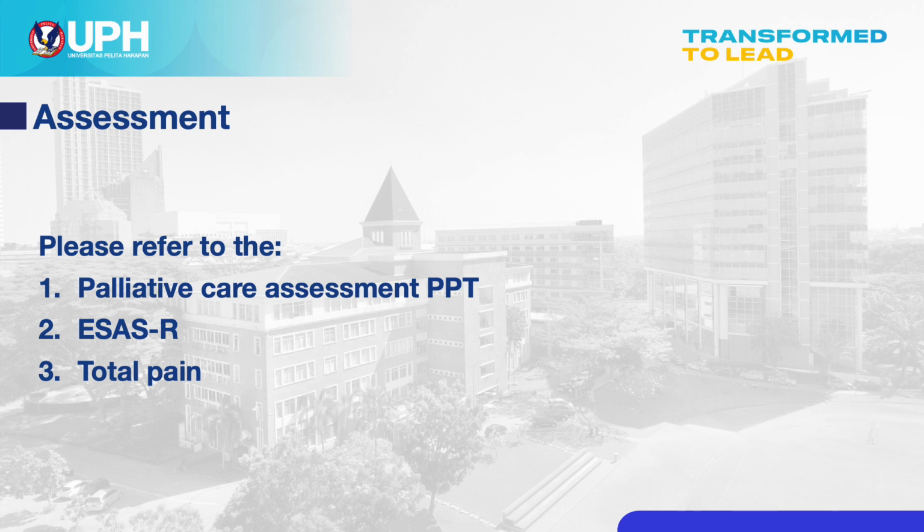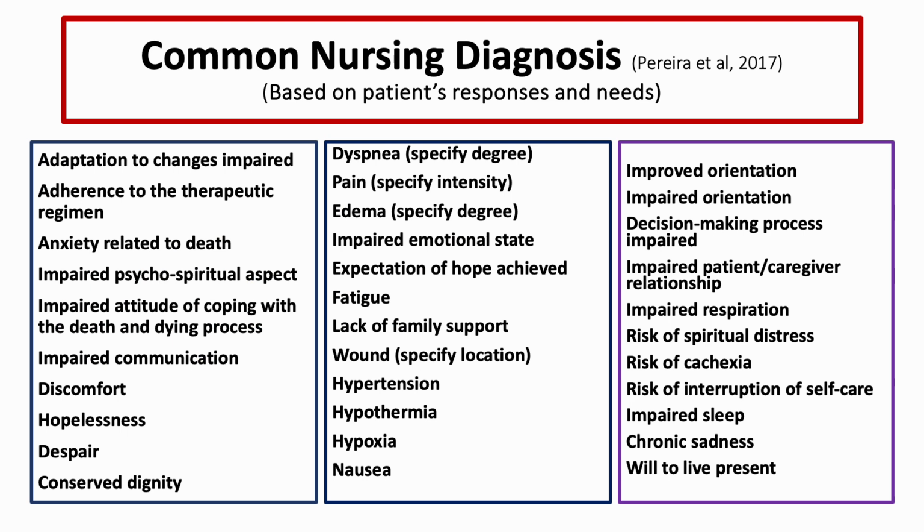The first component is assessment. Please do refer to palliative care assessment that includes SSR and also the concept of total pain. These are the common nursing diagnoses from the research by Pereira et al. in 2017.